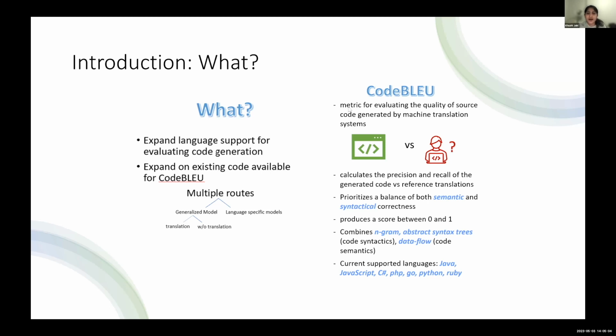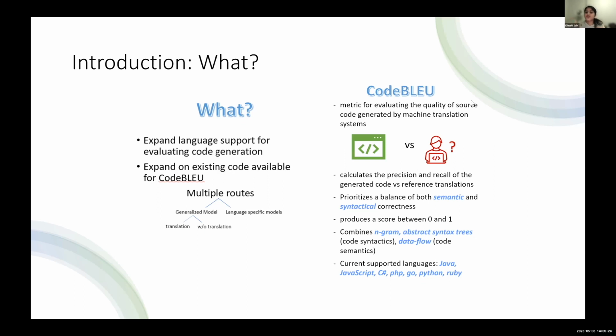But there are a lot of other languages, such as Solidity and Vyper for smart contracts, and many more. I want to find a way to expand that language support where multiple languages can be evaluated when generated. And there are multiple routes to this.